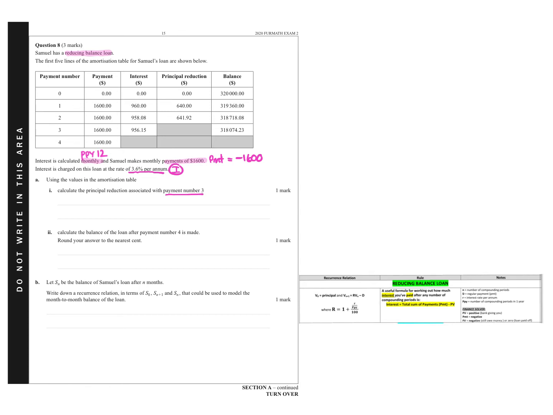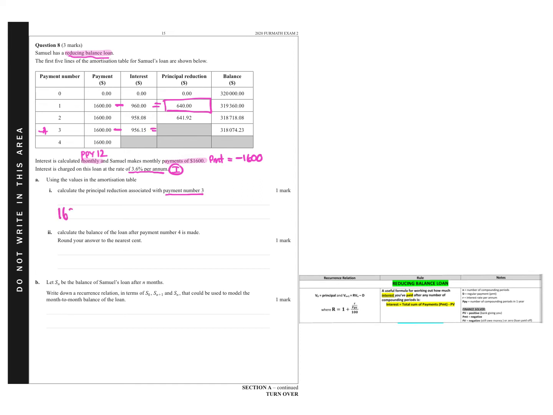With a reducing balance loan, you make a payment, but you first have to pay the interest off. So the payment minus the interest equals the principal reduction. When they ask for this 3, we simply have to do the payment minus the interest.